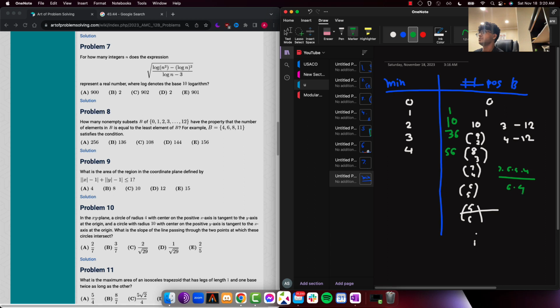So that's 35. And then we have 6 choose 5, which is 6, because it's just 6 choose 1. Okay, let's calculate this. So hopefully this is right.